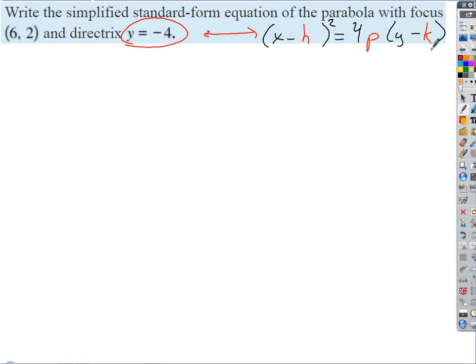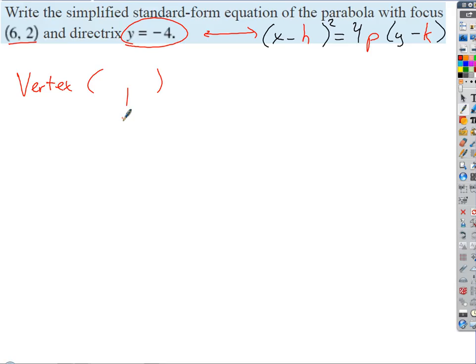Okay, so if it's a vertical parabola, and the focus is at (6, 2), then if we want to write the coordinates of the vertex, which one of those coordinates do we all automatically know? The 6, yeah, because if it's a vertical parabola, the focus and the vertex are going to line up vertically, right?